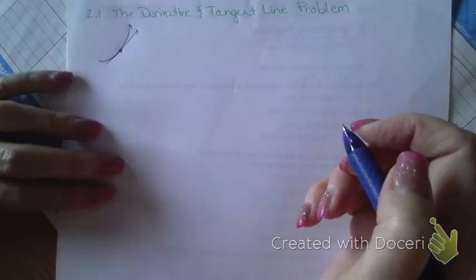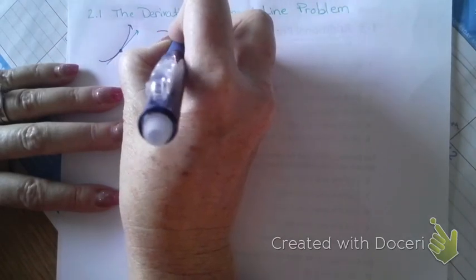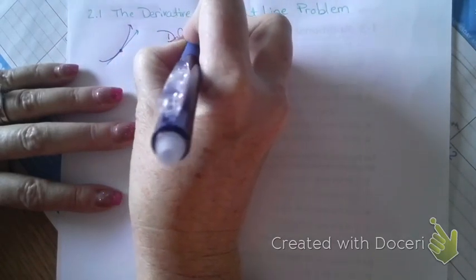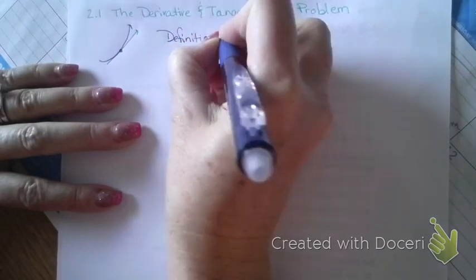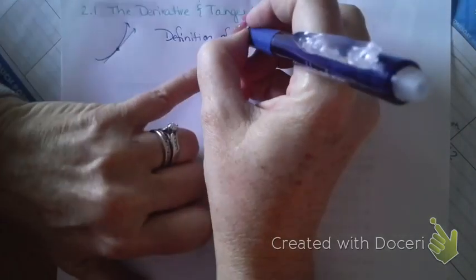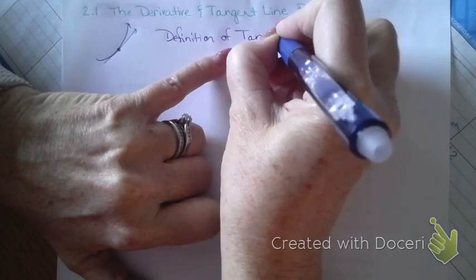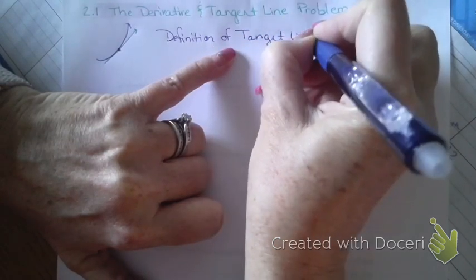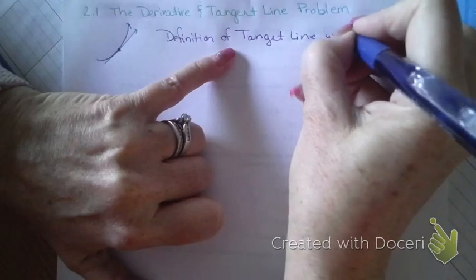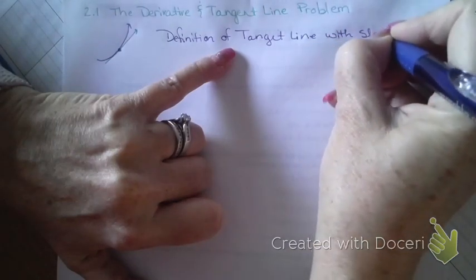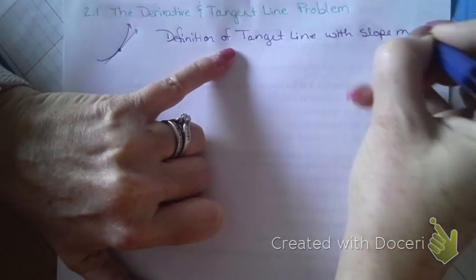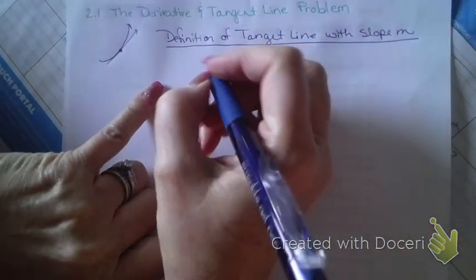Okay? So the definition of tangent line with slope m is as follows.